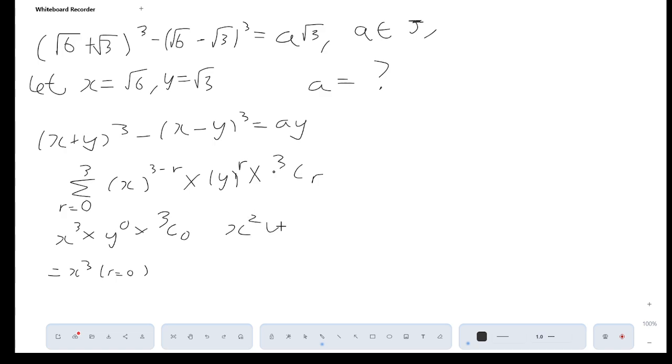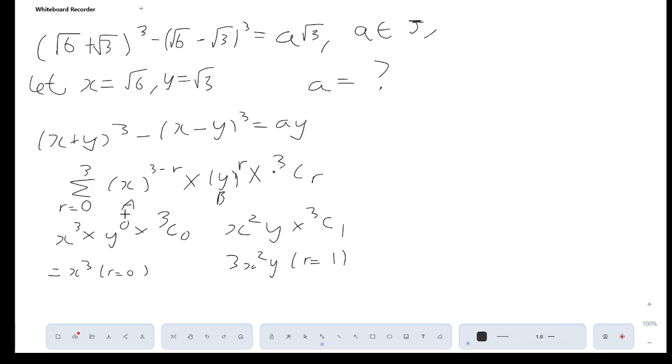x squared y times 3C1. And whenever you have a 1, just remember it's 3. So this will be 3x squared y when r equals 1. And you will notice a pattern. Let this variable be a, and let this variable be b.